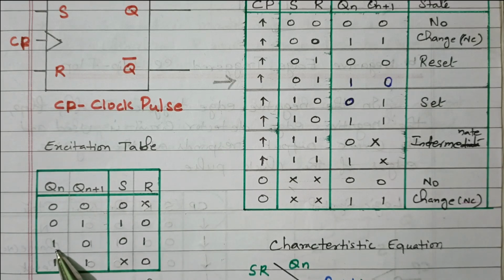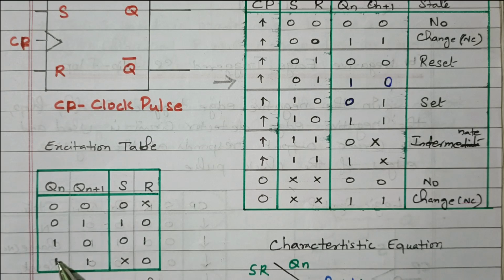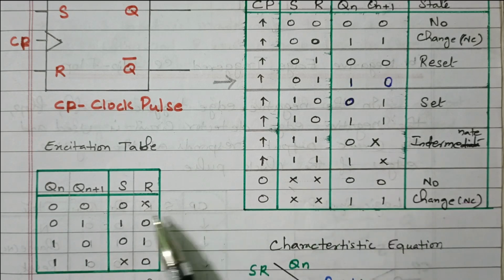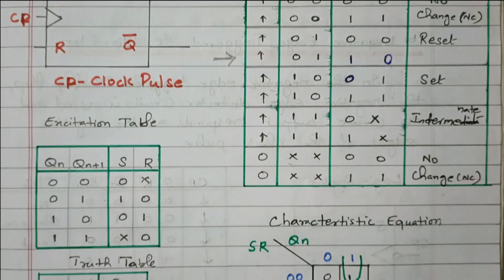If you want to change the present state 1 to 0, the input we need to give, S is 0, R is 1. We want to maintain present state 1, next state also 1, whatever may be the S input, R should be 0. Then we'll get this output, right? So the excitation table we got from the truth table. From the output we are deciding the input, that is called the excitation table.